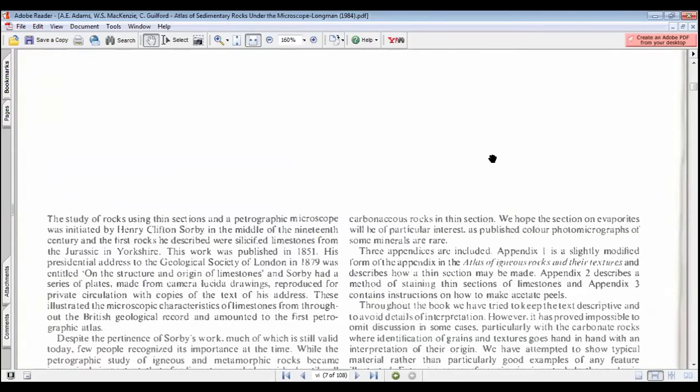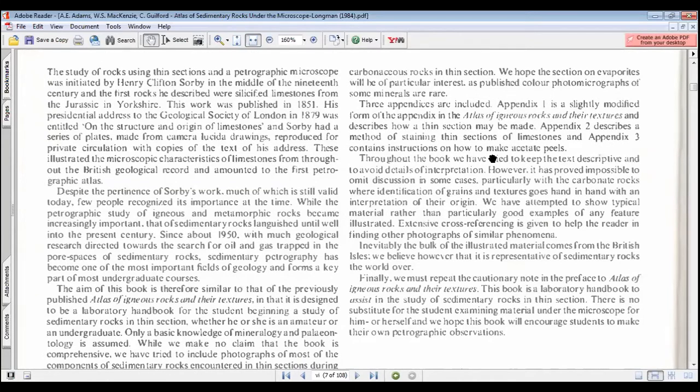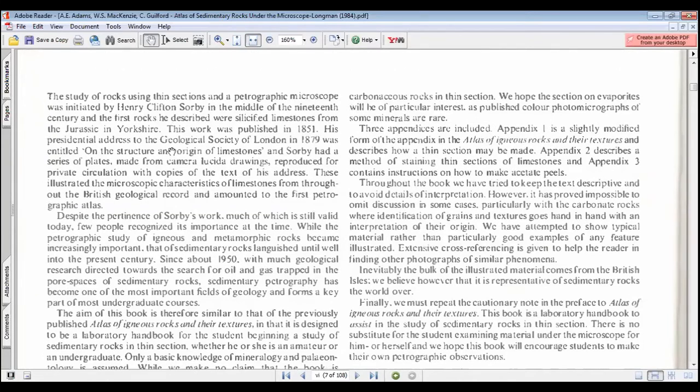This book actually tells us about the history of petrography, and the author has mentioned the name of a very famous scientist. His name was Henry Clifton Sorby, and he was the first person in recorded history who studied sedimentary rocks under the microscope.